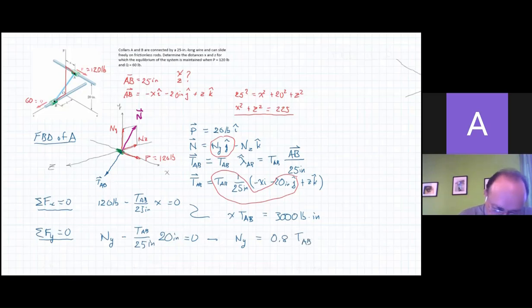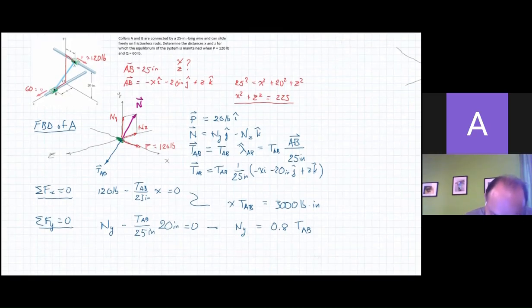Okay, and the last equation will be the summation of forces in the z direction equals 0. So now we have to make the summation of all the forces that have components in the k or z direction. That will be this one, and also this one.